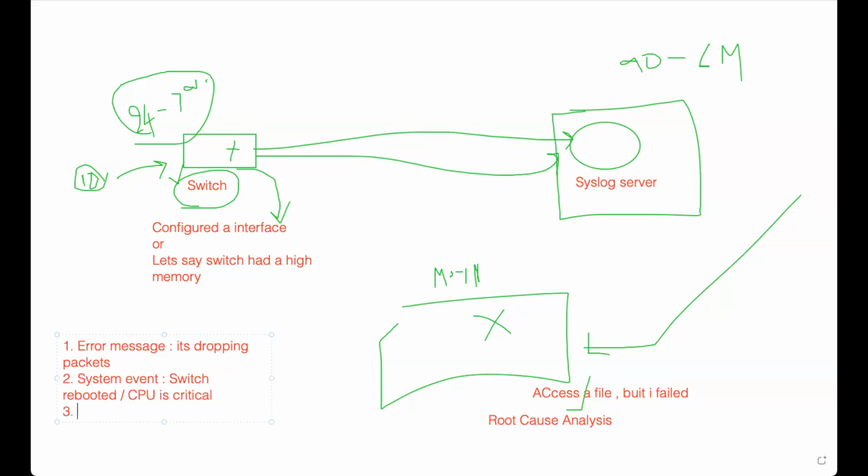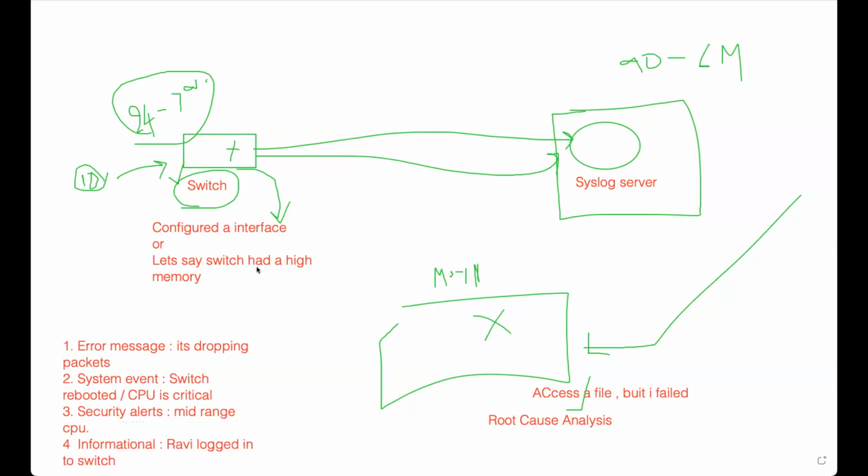Then there are security alerts. That is something like maybe mid-range CPU. It is not critical, but it's still an alert. Those kinds of messages will be there. And something will be informational, like informational messages, like Ravi logged into the switch.